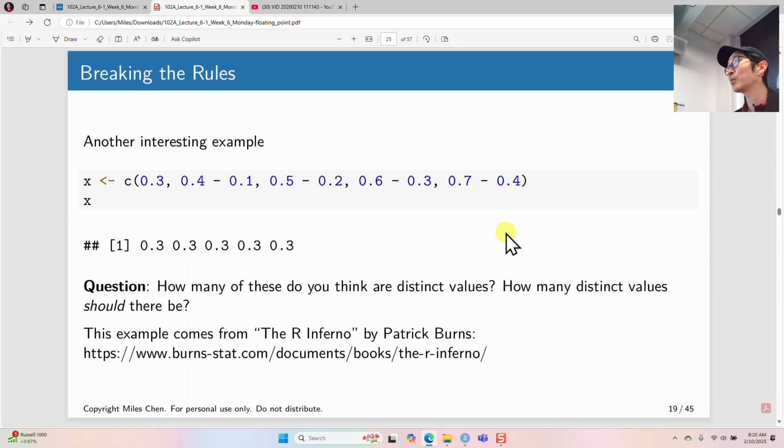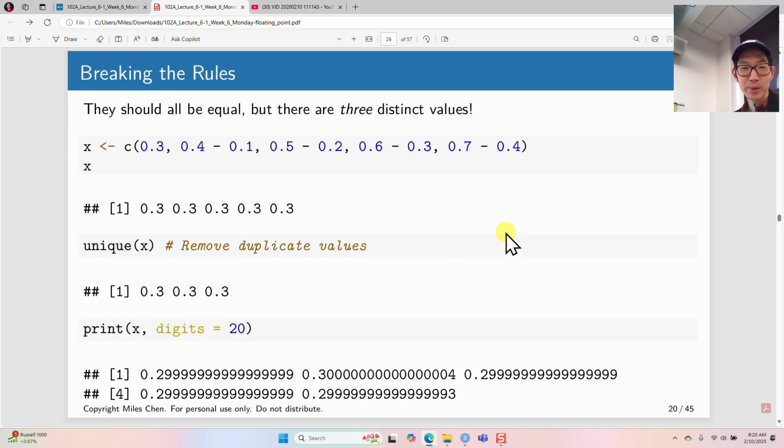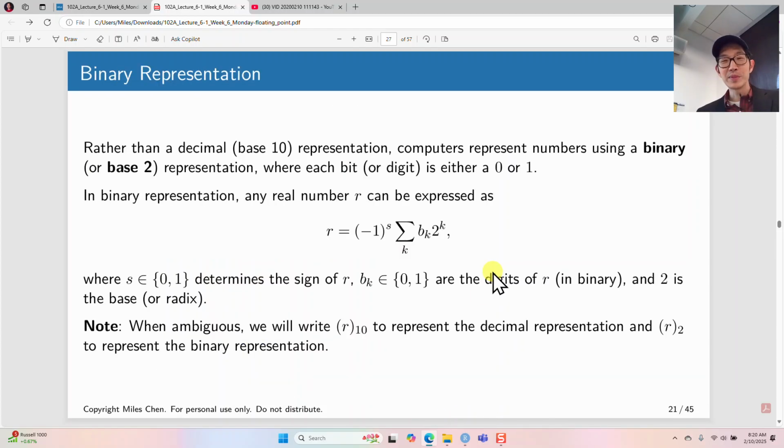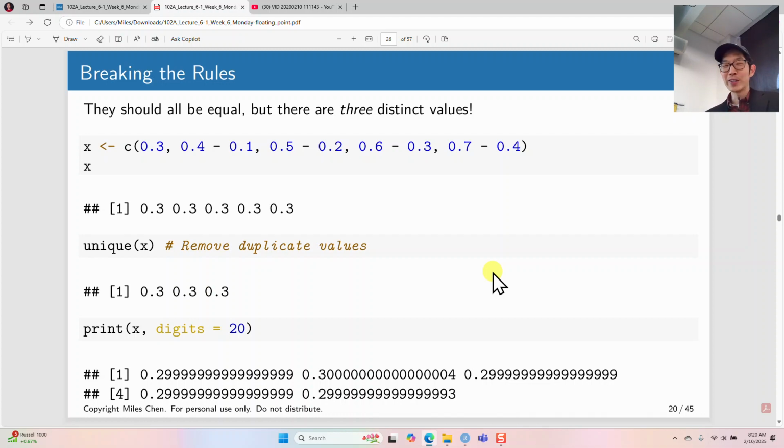However, on the computer, we have 3 unique values of 0.3. Okay, we have 0.2999999, we have 0.3000004, and then 0.299999993, okay? 3 distinct values. And again, that's frustrating.